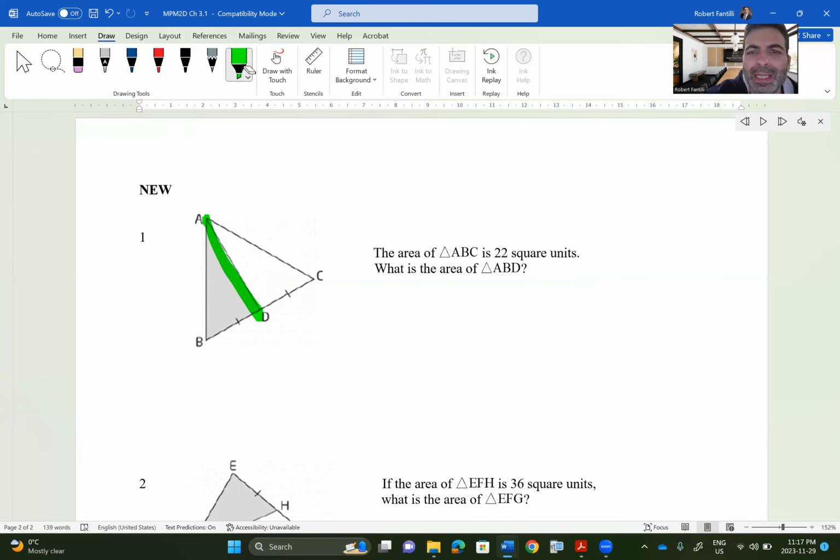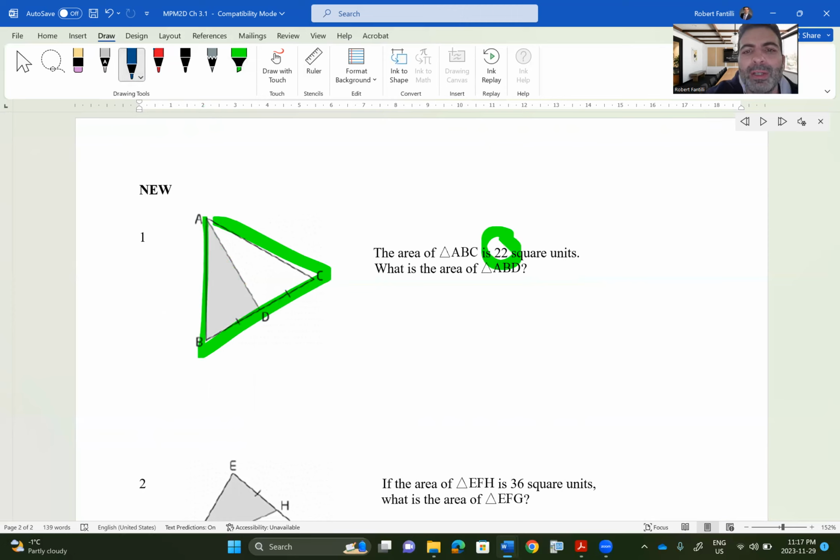So if the area of ABC, which is the entire triangle, is 22 square units, what is the area of triangle ABD, which would just be the one I'm outlining in red here? Well, then the area of triangle ABD is equal to 22 cut in half. So 11 square units.